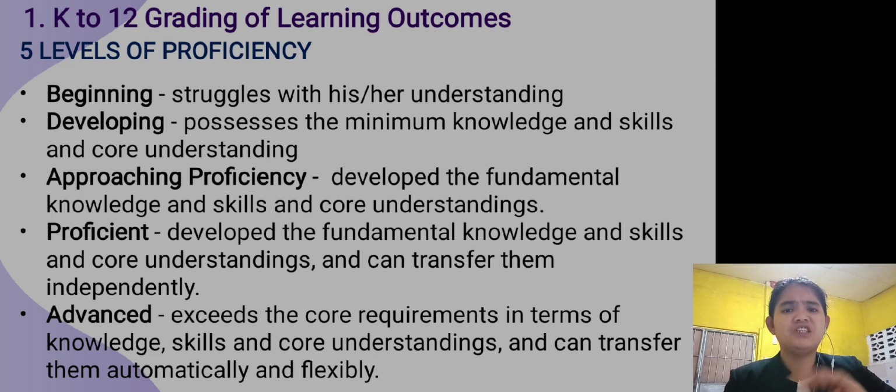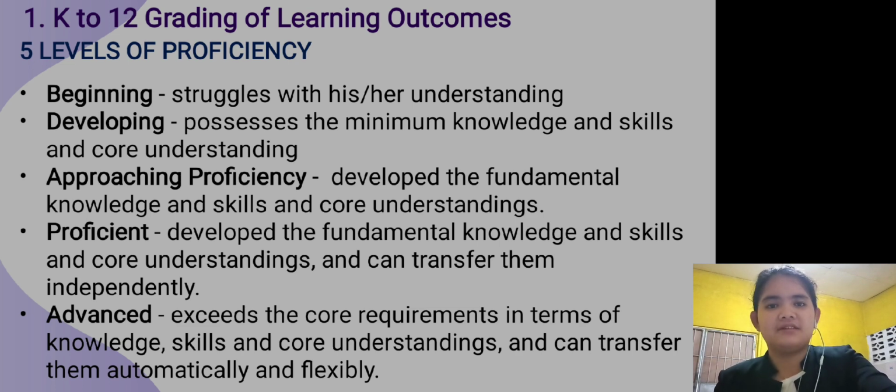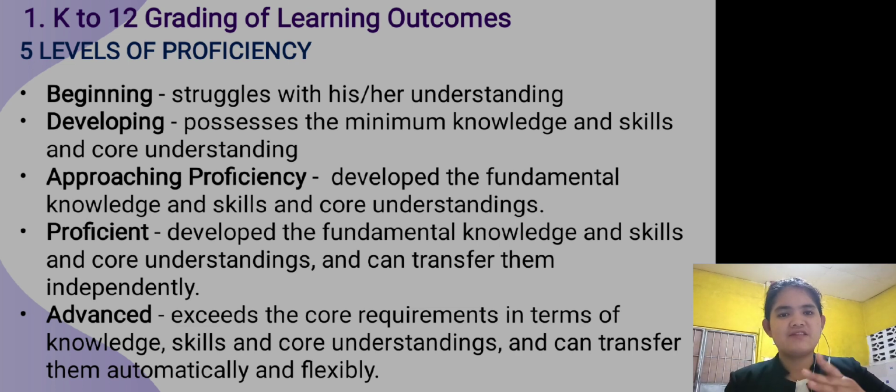Fourth, we have the proficient or P, 85 to 89%. The student at this level has developed the fundamental knowledge and skills and core understandings and can transfer them independently through authentic performance tasks. And lastly, advanced or A, 90% and above.